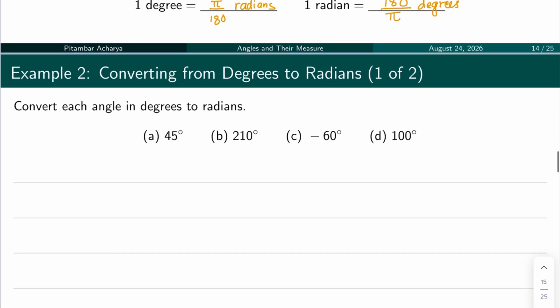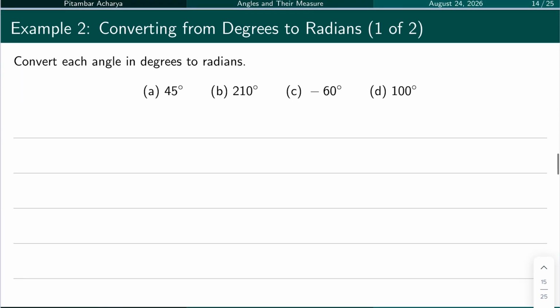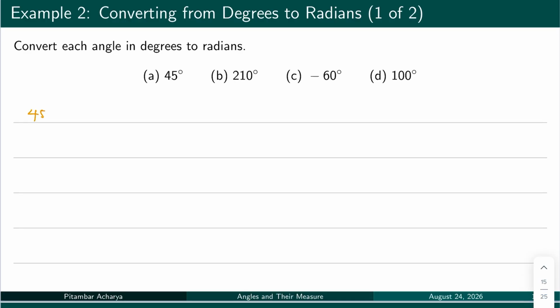Now convert each angle in degrees to radians. So for A, 45 degrees equals 45 times 1 degree, and 1 degree means pi over 180 radians.